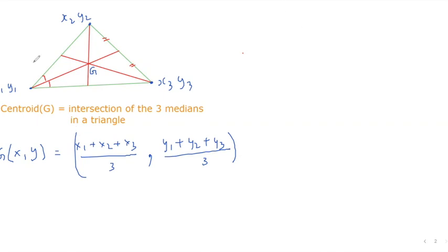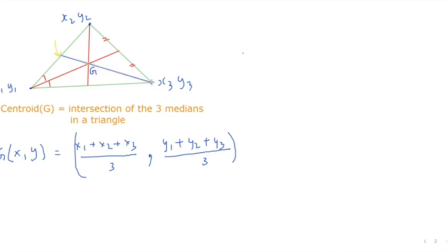You realize, right? You've got to find the distance formula, then you've got to find the coordinates of this point. And another thing is that this centroid divides each of these medians in the ratio 2:1.